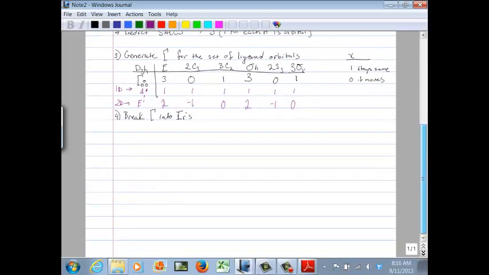Now, I want to show you the systematic way to do this. If you don't want to do the breaking down of the reducible representation into irreducible representations by inspection, there's a formula. And I'm going to write it down here. So the system I just used, I refer to that as doing it by inspection, by just looking.